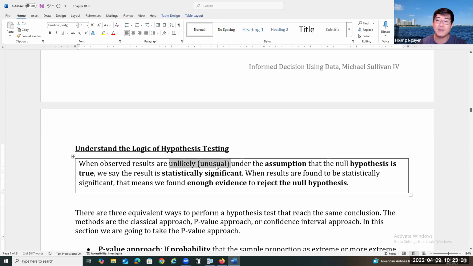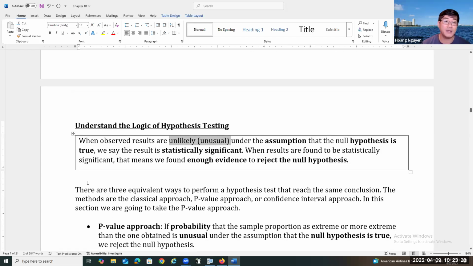If you remember the unusual event from chapter 5, when we talked about probability calculation, unusual means that the probability is kind of low. And how low is the probability? To determine how unusual it is, we have to base it on the value of alpha, the significance level alpha. That's the logic of hypothesis testing.